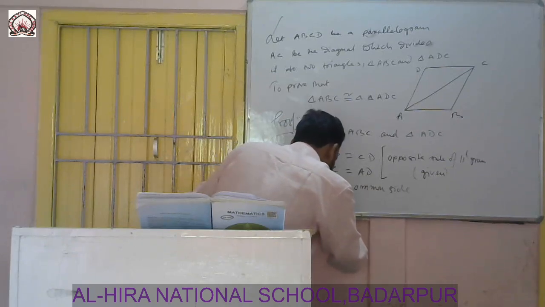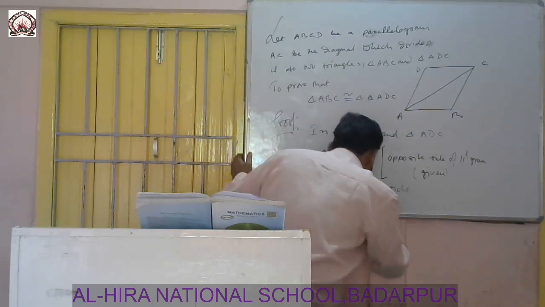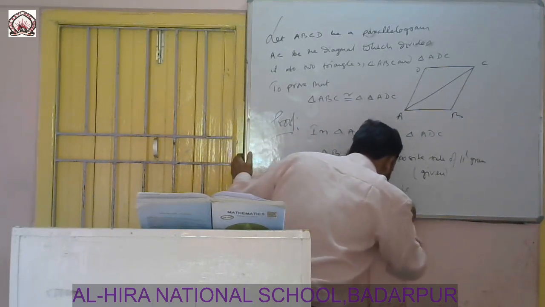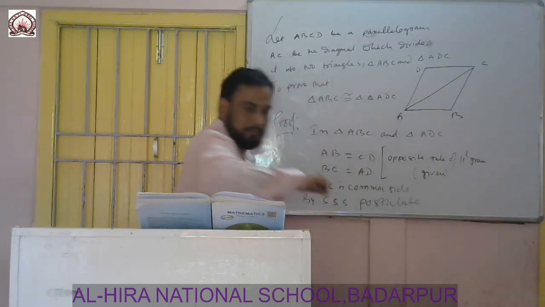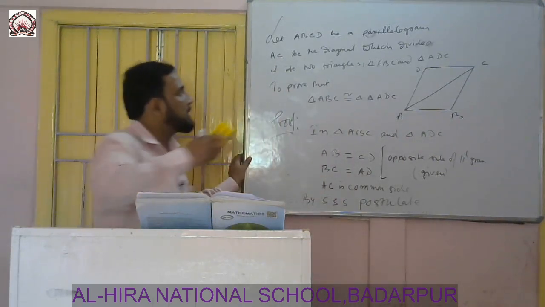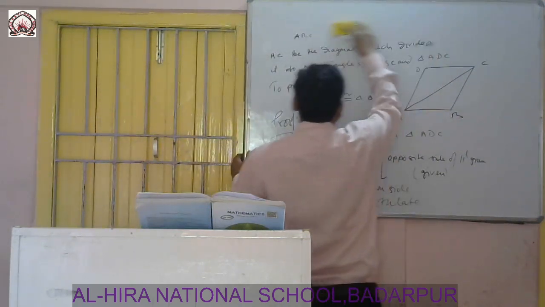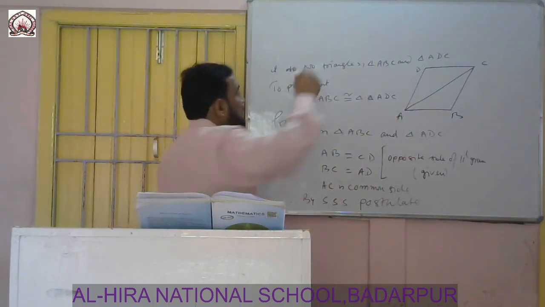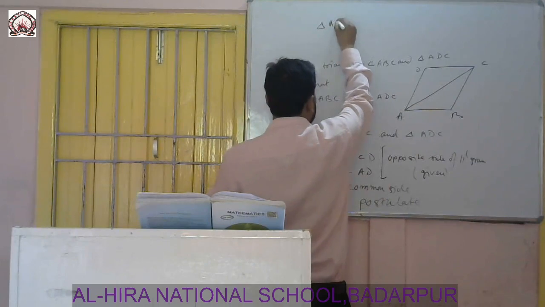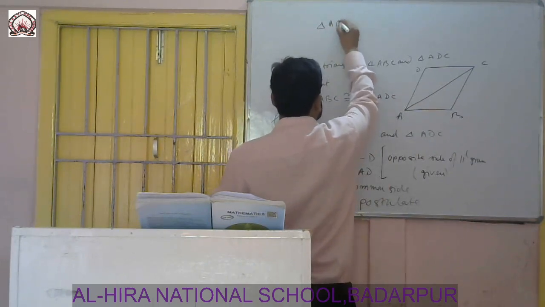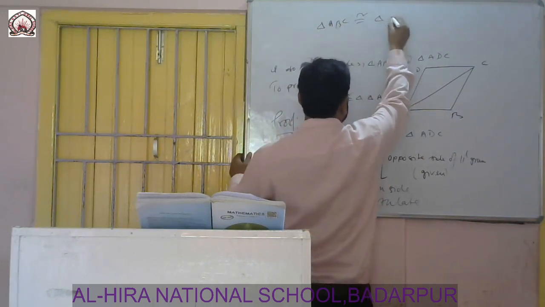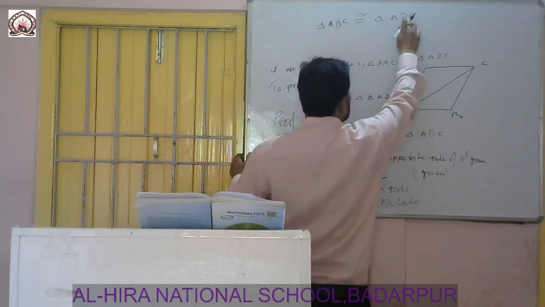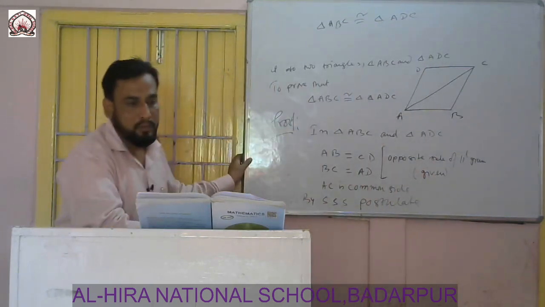So we can say that by the side-side-side postulate, triangle ABC is congruent to triangle ADC. That was to prove.